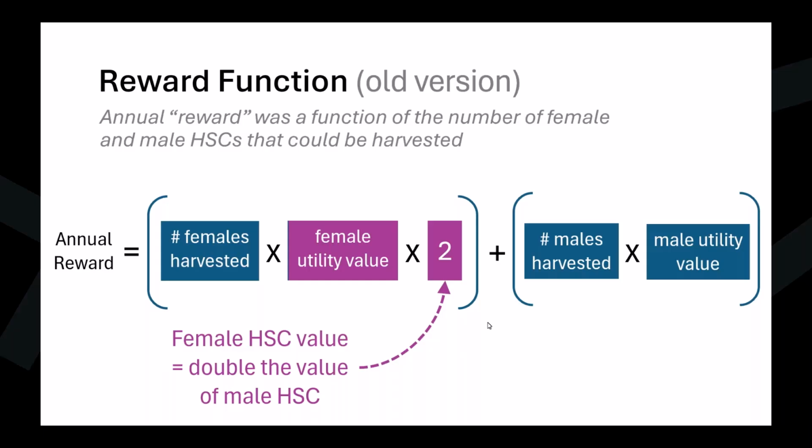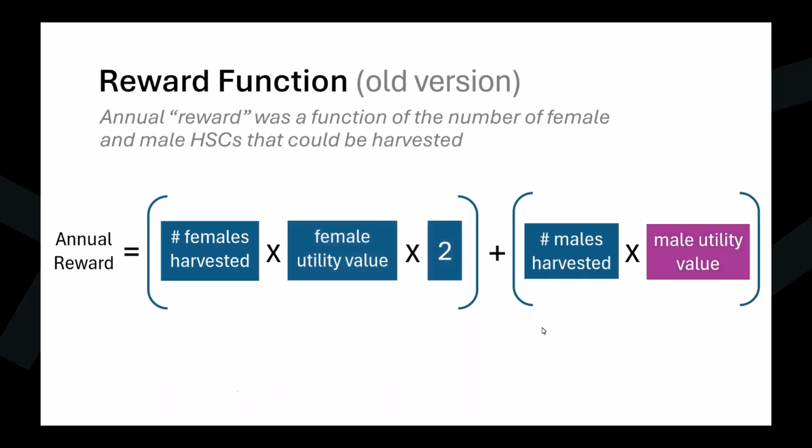In addition to them just being larger than the males, typically they were also more valuable on the bait market. So that 2 almost acts like a weight, like Brian was talking about earlier, how you can add weight and have one term in your reward function be more valuable or more important than the other. Effectively, that 2 is functioning like a weight in this case.